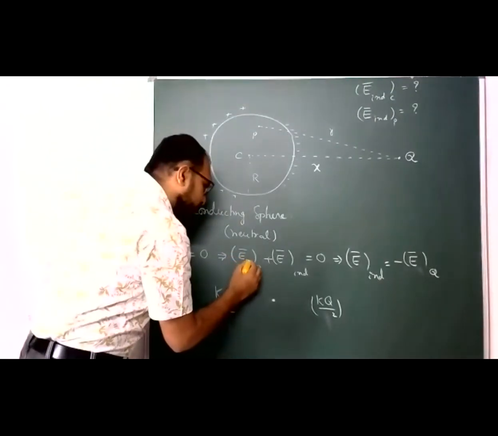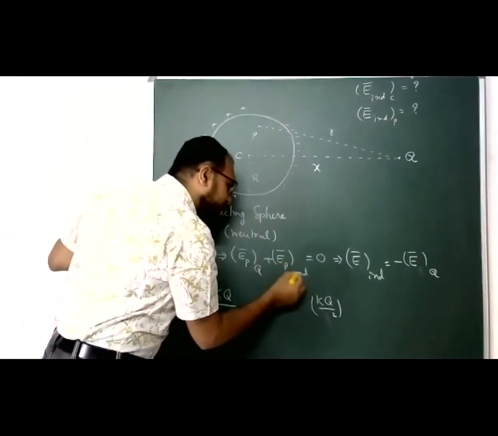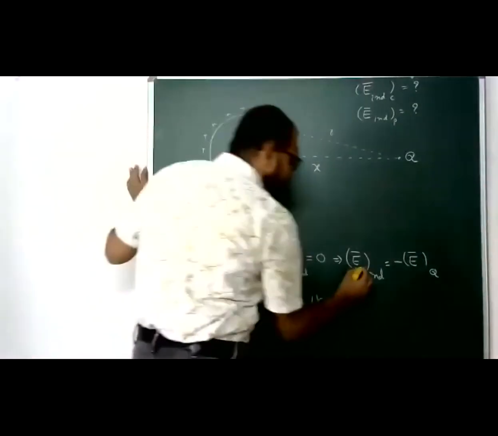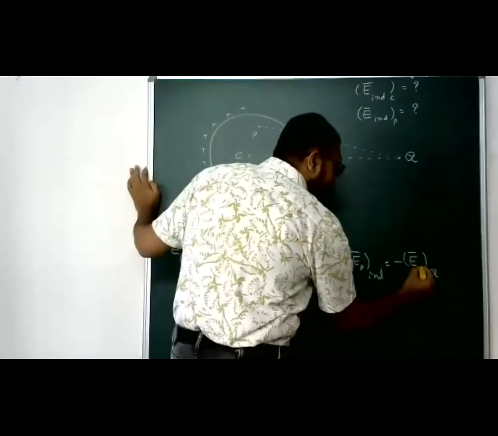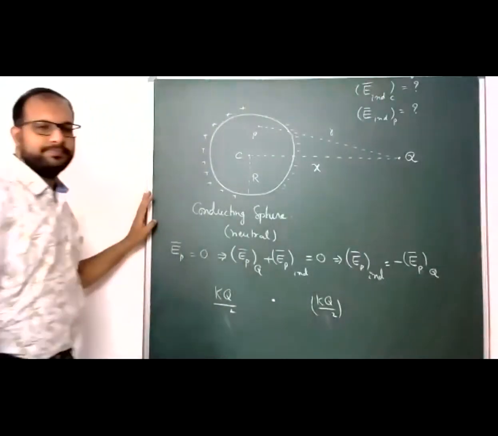At point P, due to the outside charge and due to the induced charge, the net is 0. That's why the field at point P due to induced charge is minus the field at point P due to capital Q.